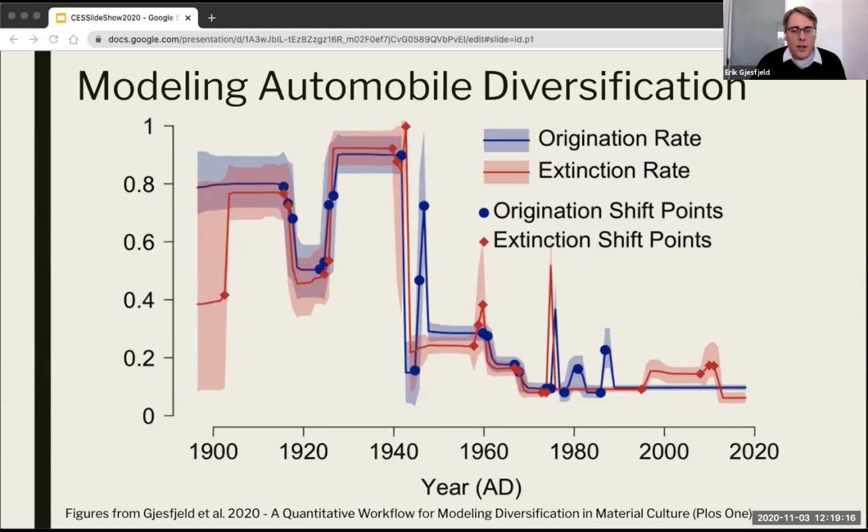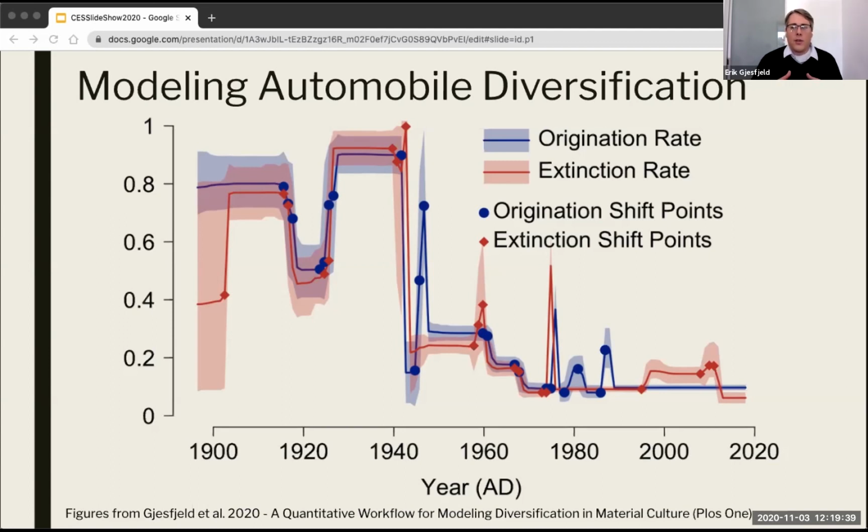Then we see other dynamic processes, such as evidence of the oil crisis in the late 1970s or early 1980s. And we also see, towards the year 2000 and into the 2010s, this decline in diversity and the loss of car models, where the extinction rate is higher than the origination rate.